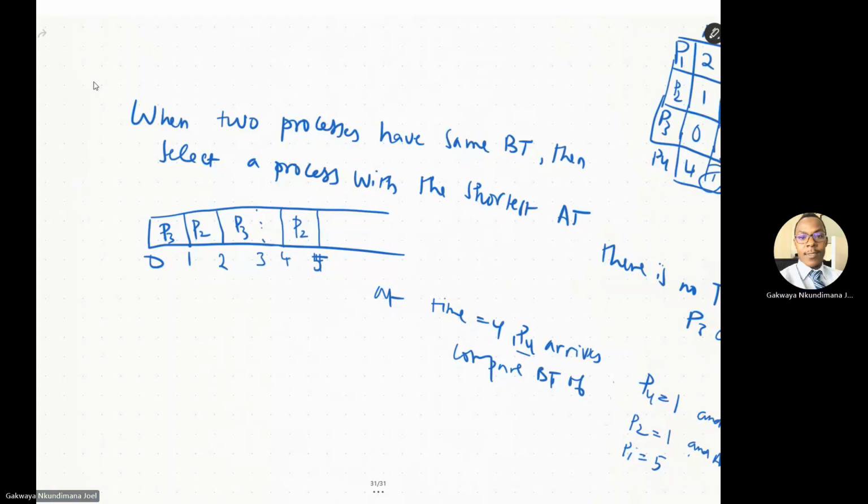For example, the remaining ones are P4 and P1. P4 has how many for burst time? 1, right? P4 has 1.